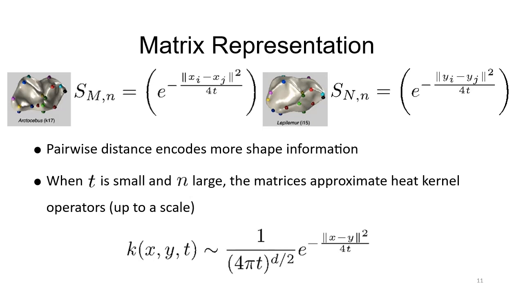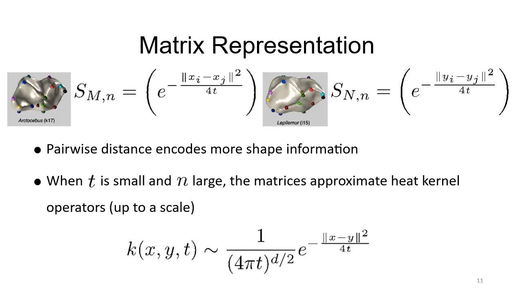Let's ignore the coefficient and focus on the exponential function part. So now I'm going to use the hand-chosen landmarks from the data and construct a matrix to represent each surface. This is how I use the xi's to represent surface M, and how I use yi's to represent surface N.